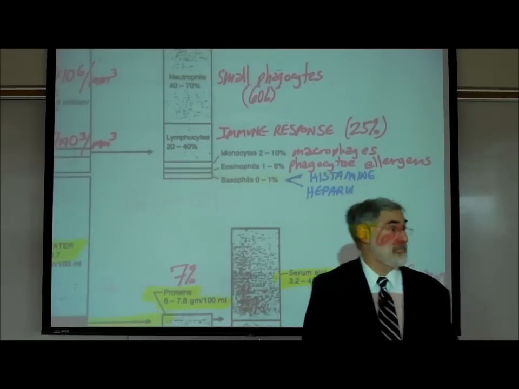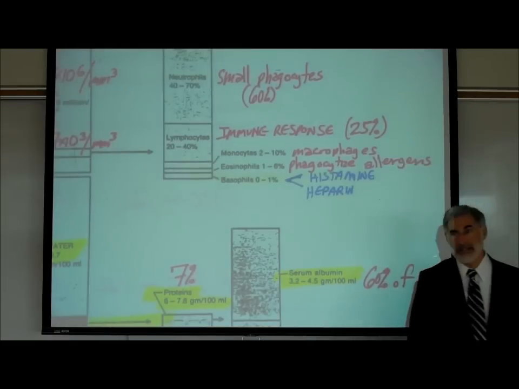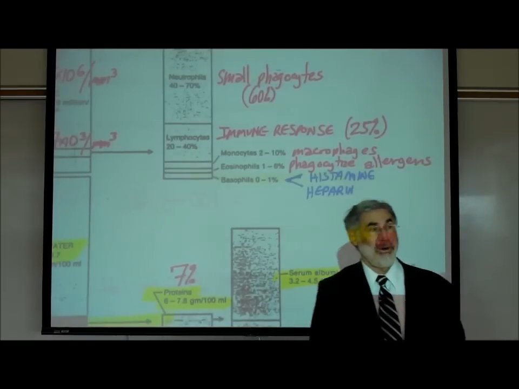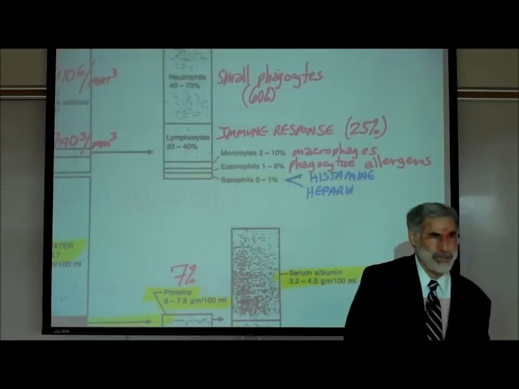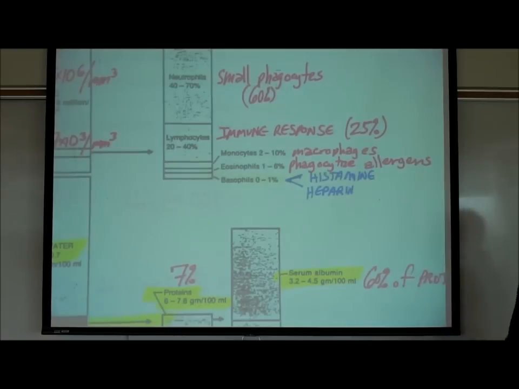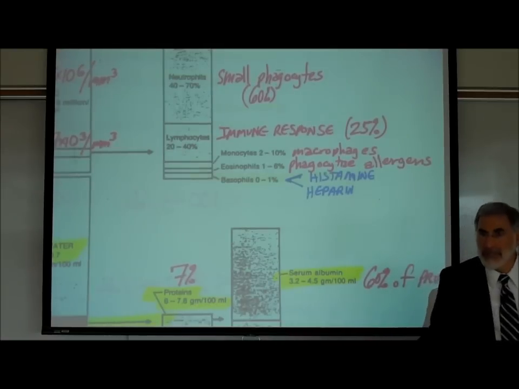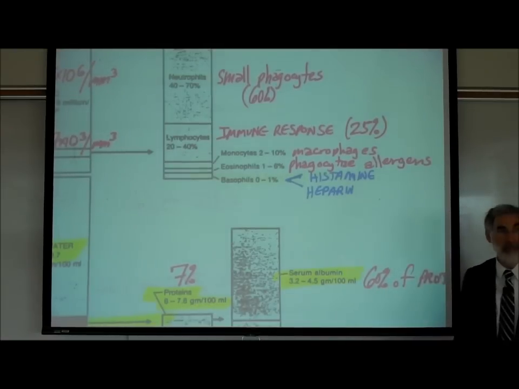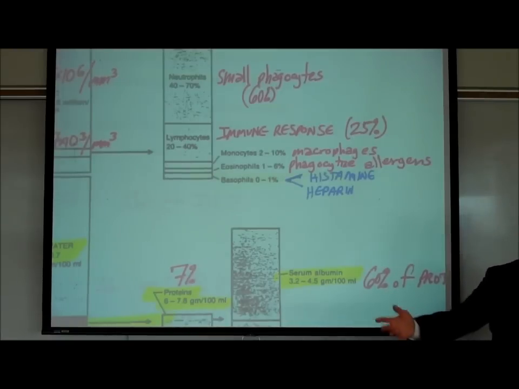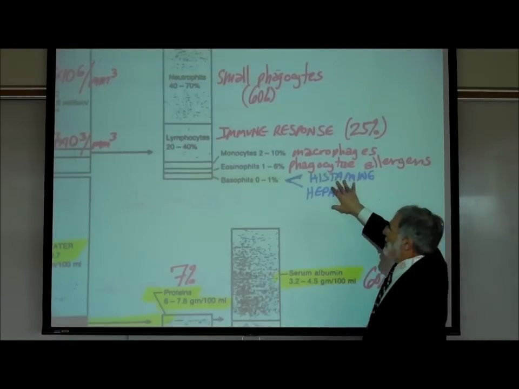Or some people have allergic reactions to foods or even medicines. So I would never call a bacteria or a virus an allergen. They're not harmless. But pollen, okay, some people are allergic to fur. Does that damage you? No. Most people are not allergic to fur, but some people are. So that's an allergen. So eosinophils swallow them up.